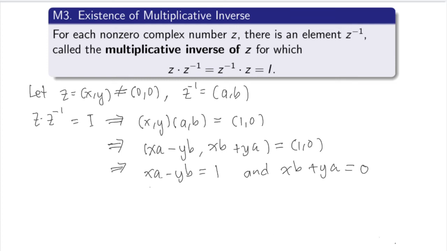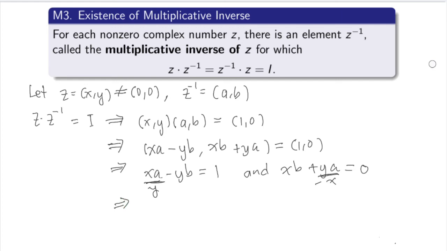On the other hand, if we want to eliminate the variable A, since we have XA here and YA here, we need to multiply the first equation by Y and the second equation by negative X, so that the coefficients become equal but opposite in sign.